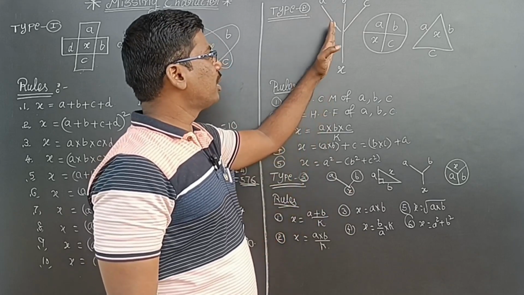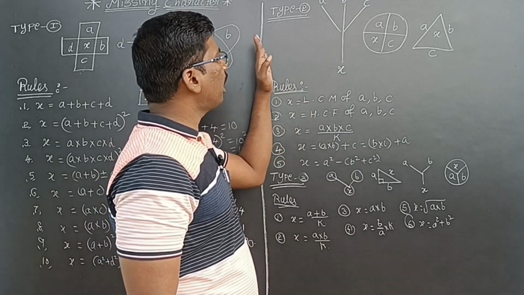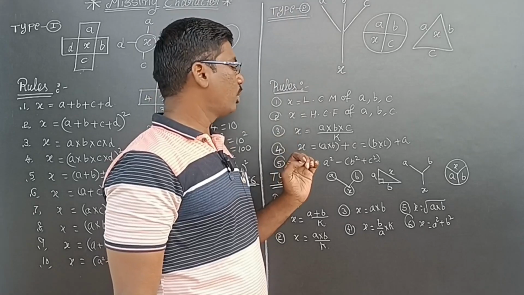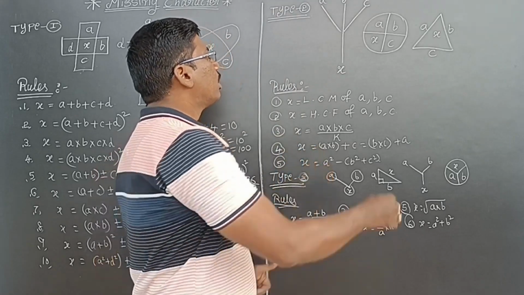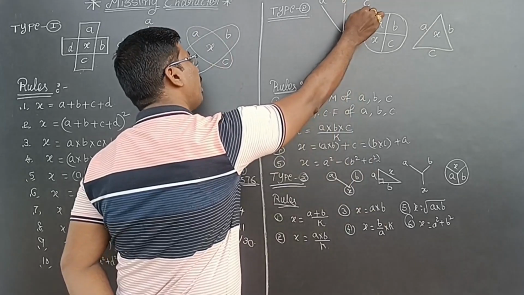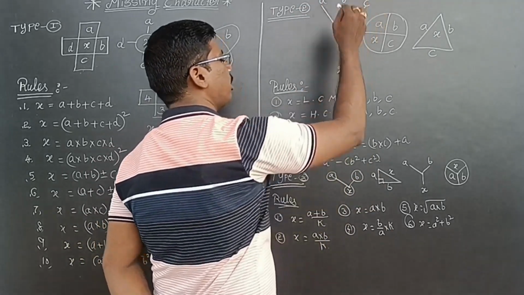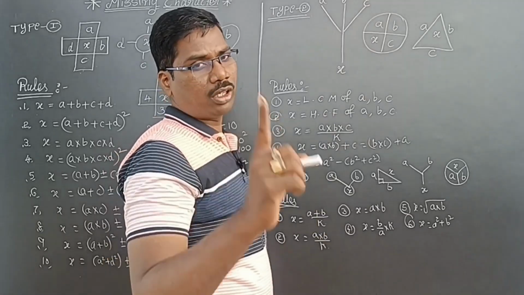So see, these are given 3 diagrams. You observe what this answer is getting. The same method you apply to this one. Okay. Next. These 2 numbers multiply, adding this number. Not getting? These 2 numbers multiply and add this number. Not getting? These 2 numbers multiply and add this number. Definitely you will get.